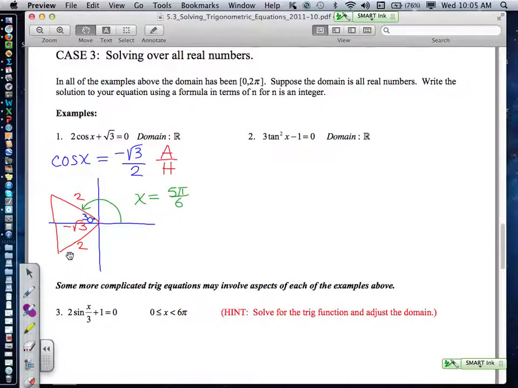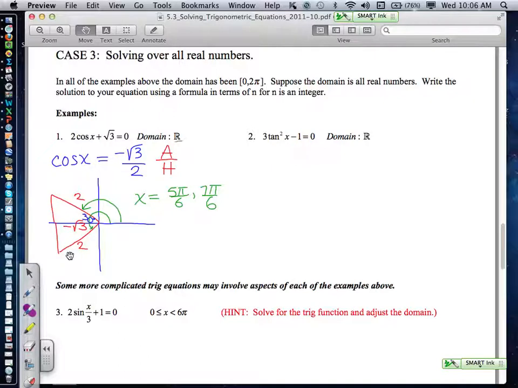In the third quadrant, again with a reference angle of pi over 6, it's pi plus pi over 6, so that's 7 pi over 6. There are my two solutions, considering all the angles from 0 to 2 pi.